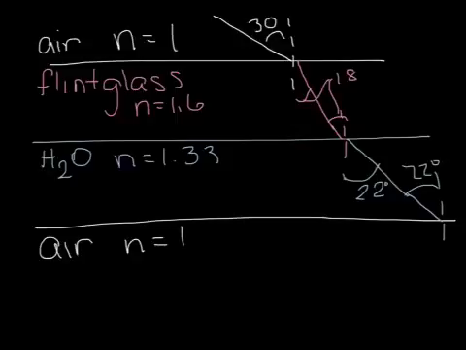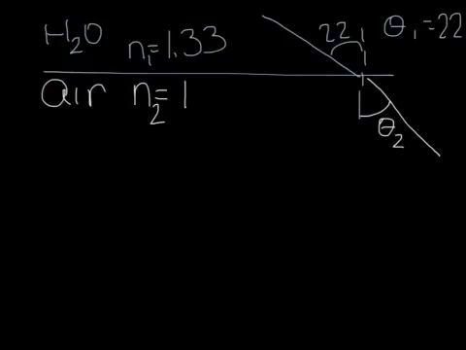This is a larger number, so that means this angle here should be larger than 22 degrees. This is the angle we're hunting, theta 2. So let's look at this section. We know N1 is 1.33. We know theta 1 is 22 degrees. We know N2 is 1, and we don't know theta 2, but we need to find it.